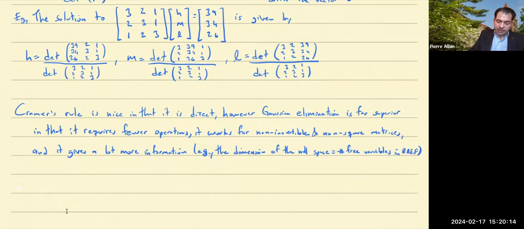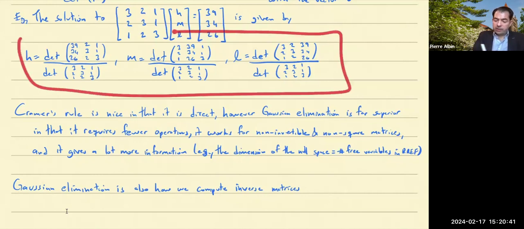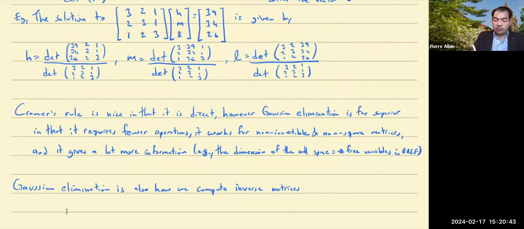For that matter, Gaussian elimination is also how we compute inverse matrices. Right? So if you have an invertible matrix, you could use this method to solve, or you could also multiply by the inverse. So that begs the question, how do you find the inverse?